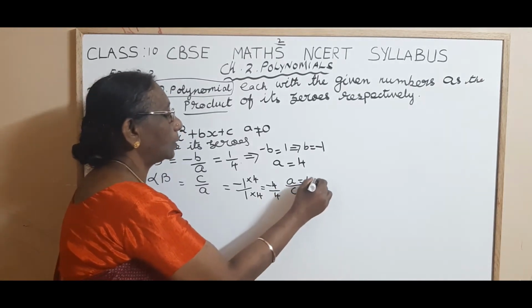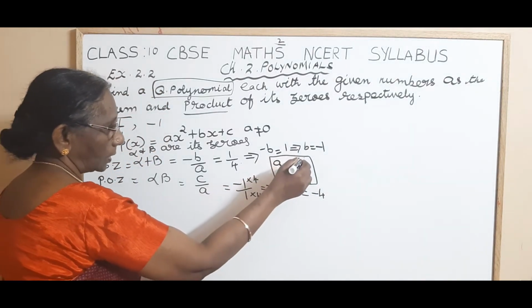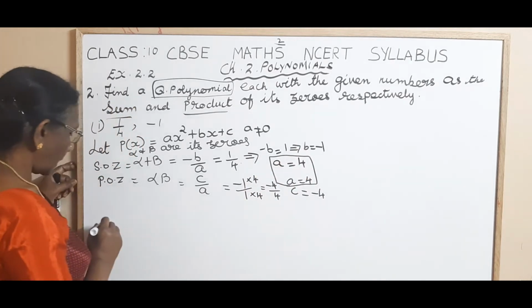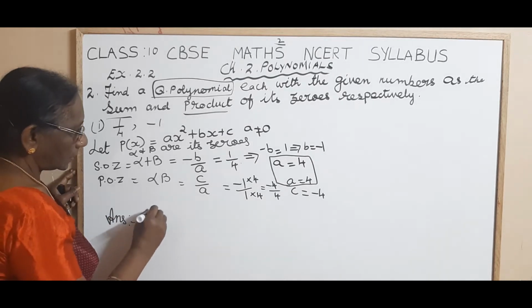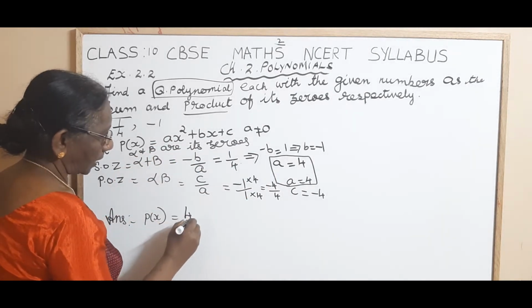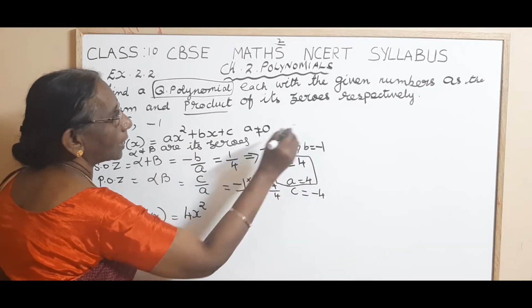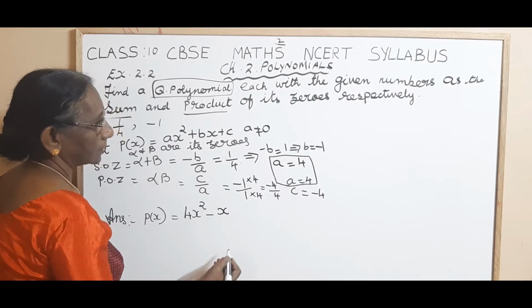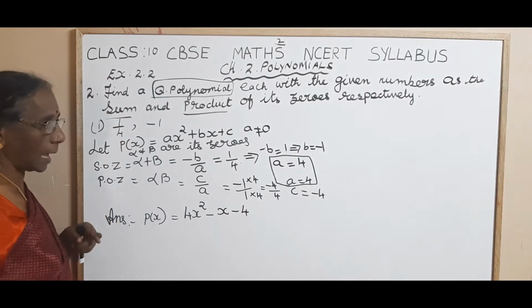So, we got the value 4 in both cases. Okay. So, now you know the value of a, b and c. So, you can write the polynomial answer. P of x is equal to ax squared. A is 4, 4x squared. And b is minus 1. Minus 1 into x is minus x. And c is minus 4. Okay, this is the answer.